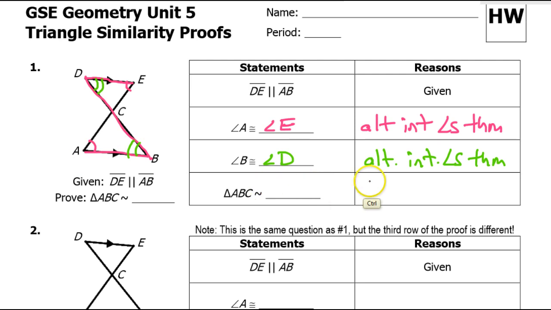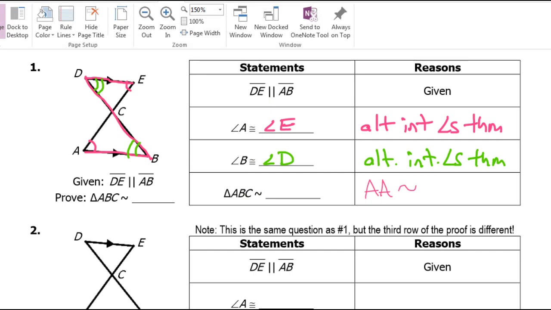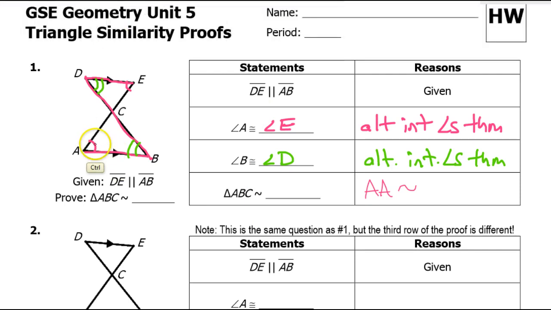So these triangles will be similar by the angle-angle similarity postulate. And I need to go ahead and say the similarity statement. ABC is similar to EDC.